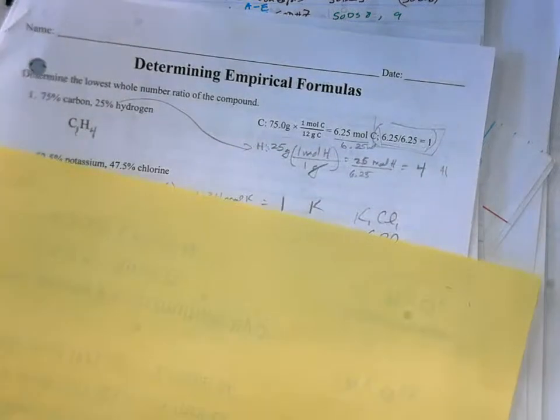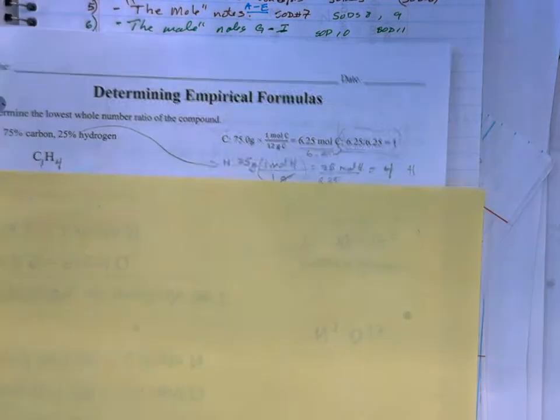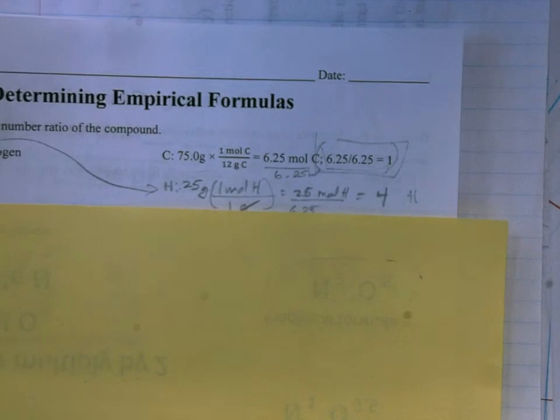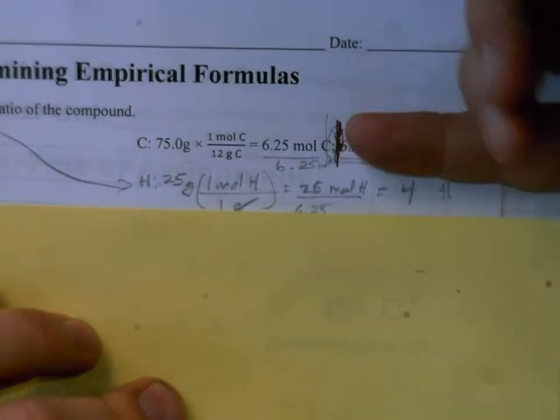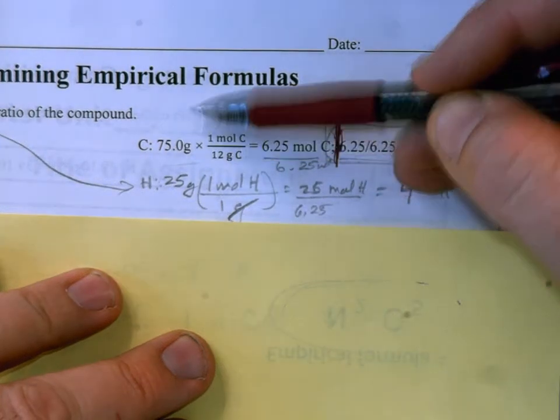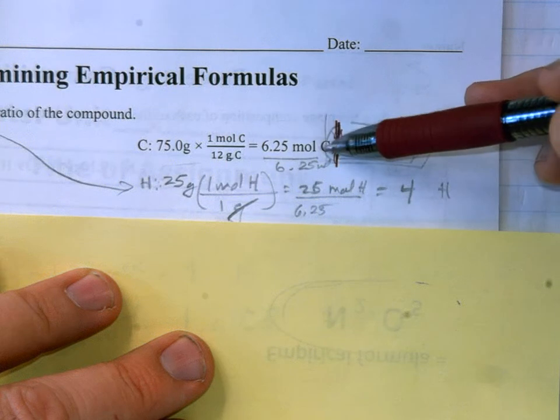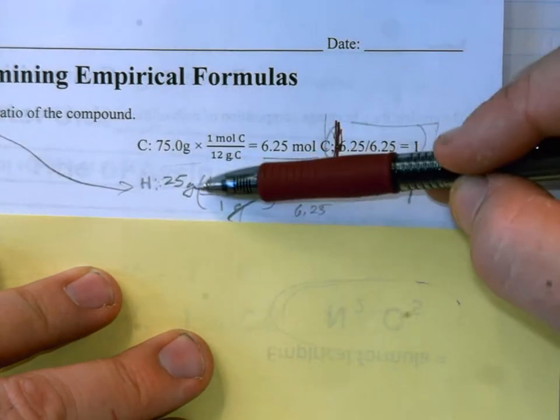For my class, this is our practice worksheet problem, determining empirical formulas. We gave you the first part, and you can get to this part right here, and then you have to do the second part. We said there were 75 grams of carbon that we divided by the molar mass of carbon, and we got 6.25 moles of carbon. For hydrogen, it was 25% hydrogen in this problem, because that's what it said.